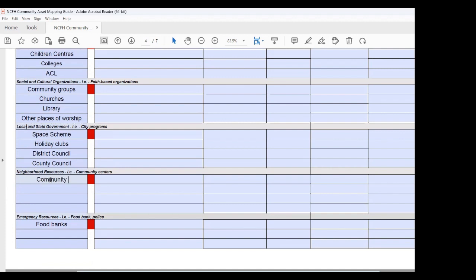Youth clubs. Mother and baby groups. Play groups. Carers groups.